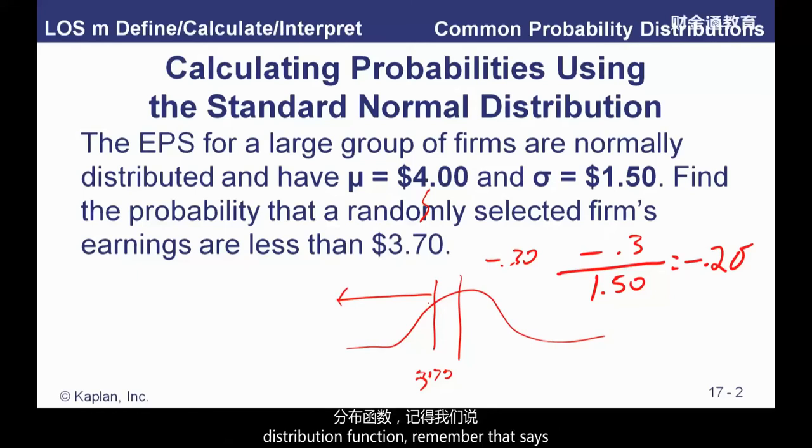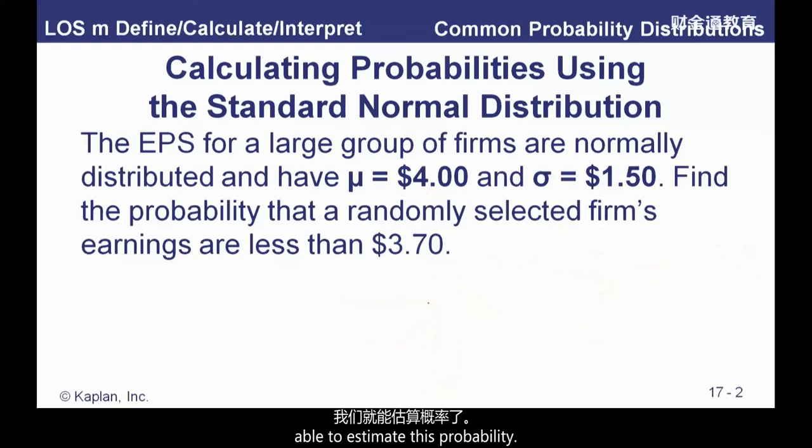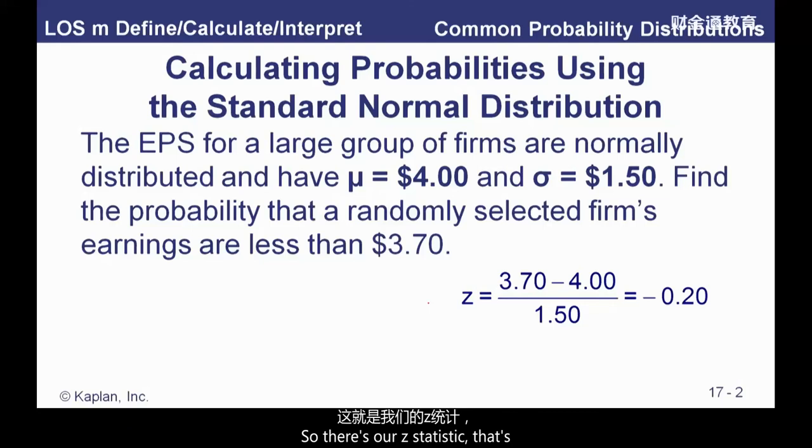Remember, that says the probability of this number or less, and look up minus 2 on the table, and that way we'll be able to estimate this probability. So there's our z statistic.